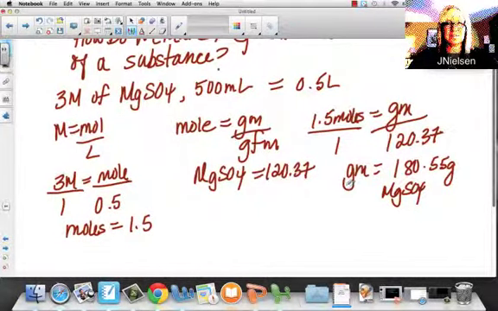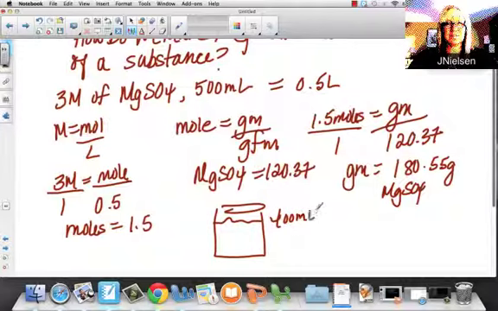I'm going to go get a beaker of water, and I'm probably going to put at least 400 mils of water in it. So I get my beaker, I fill it with 400 mils of water, and I put my 180.55 grams in here, and I get a stirring stick, and I stir till it's dissolved.